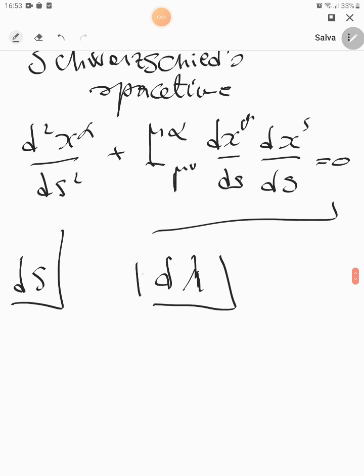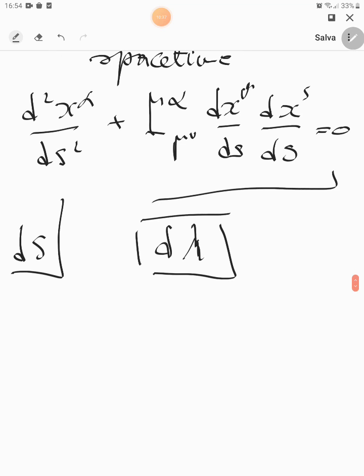So we could use this parameter, but we don't use the geodesic equation to find this motion, we use the Hamilton-Jacobi equation.